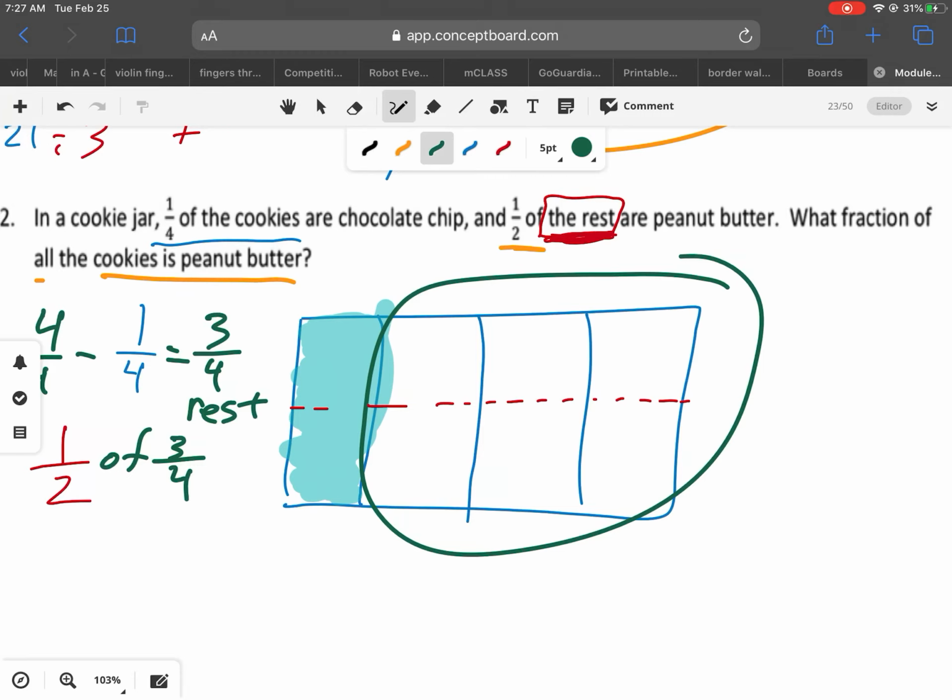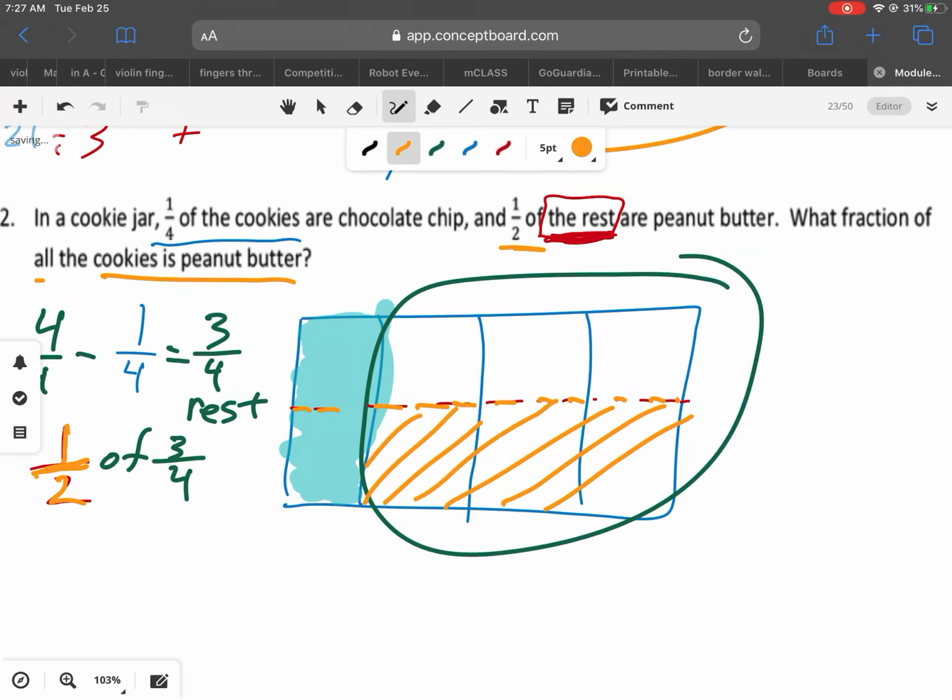Not 1/4, 3/4, because it says the rest. Okay? Let me change this color. So we're actually looking for half of this part here. Okay? That's the rest.